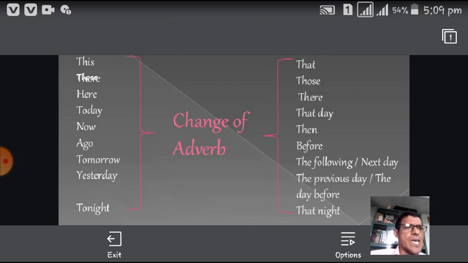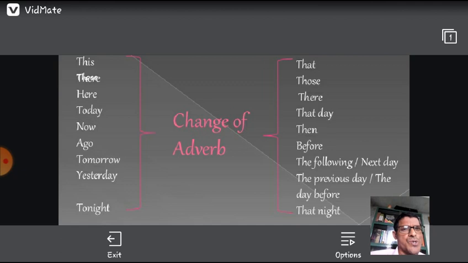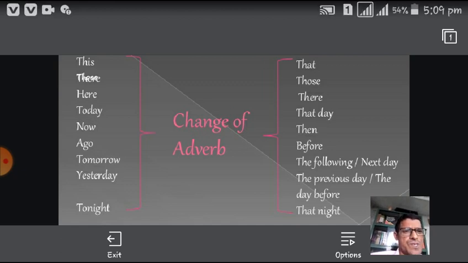As we just talked, whenever changing from direct speech to indirect speech, you should also change some other parts of speech, and adverbs can also be changed whenever changing the sentence into indirect speech. So you should change them as I'm saying here.